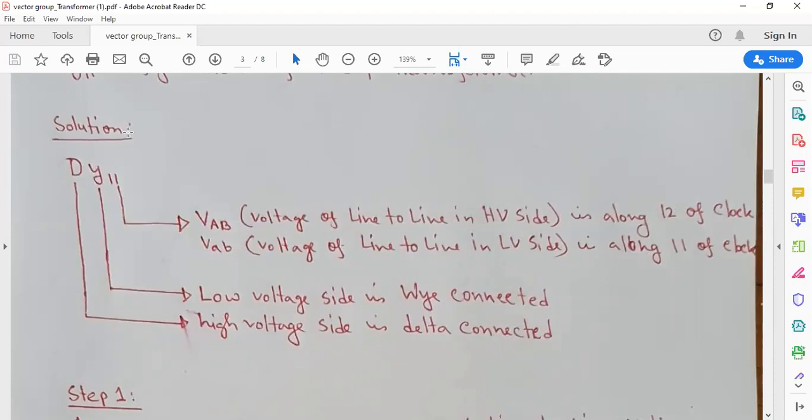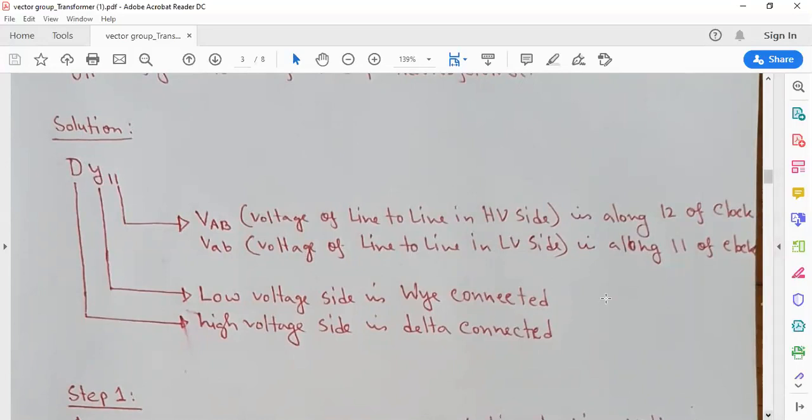So the reference is never indicated, like D12 Y11, the 12 is never indicated. We already assume that the high voltage side is always along 12, but we indicate at which direction the secondary or low voltage side line to line voltage is, that is 11.